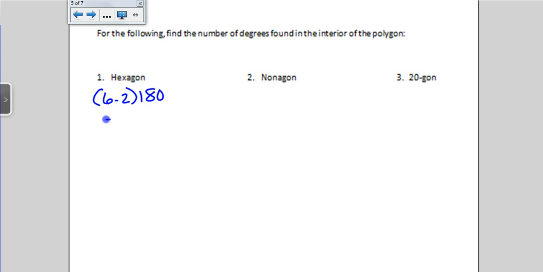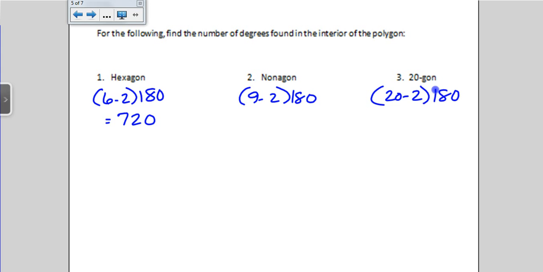And I think that gave us, let's see, was it 720? I forget. Okay, a nonagon has 9 sides. So you do 9 minus 2 times 180. You can go ahead and calculate that yourself. And then a 20-gon doesn't really have a name, we just call it a 20-gon. Using our formula, 20 minus 2 times 180. And that'll give us the sum of all of our interior angles.